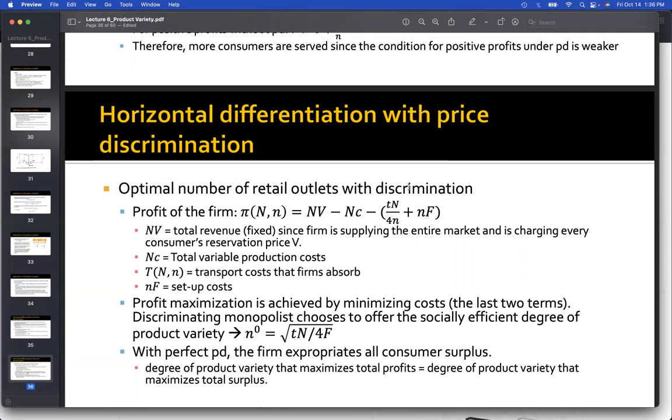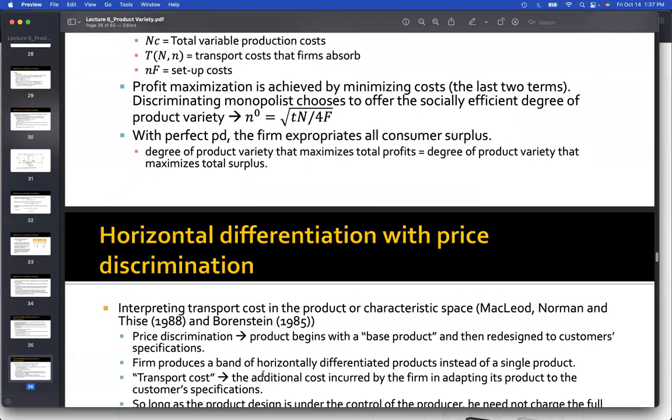You're just minimizing your costs of transportation and setup costs, which will give you the following, which is exactly the social optimum. So with perfect price discrimination, the firm expropriates all consumer surplus. And the degree of product variety that maximizes total profits equals the degree of product variety that maximizes total surplus.